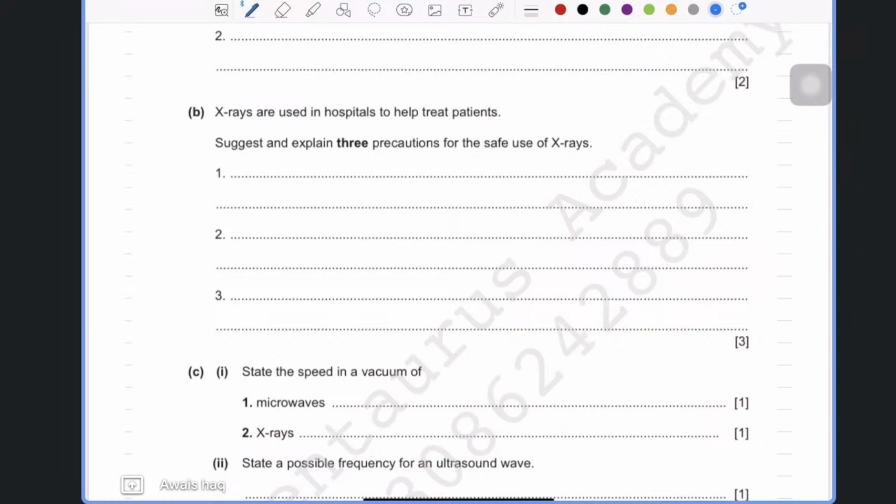You need to handle things with gloves, and when you're doing it in the hospital, you should be away from the area where there is targeting of X-rays. Generally, you would want to use a lead suit to protect yourself from radiation penetrating your body. Can you repeat? You can use a lead suit. Okay.